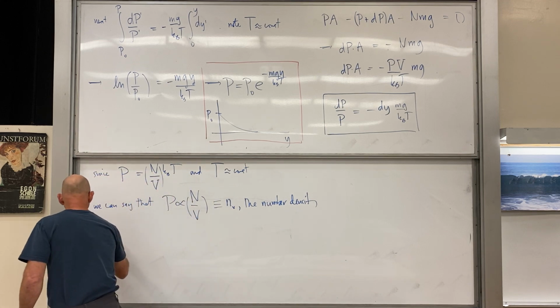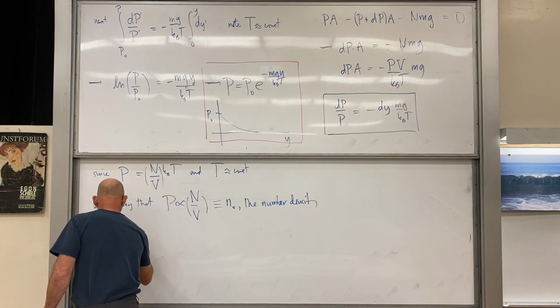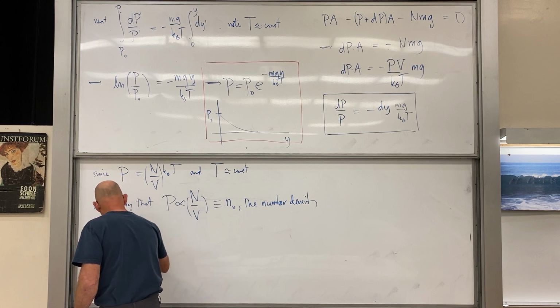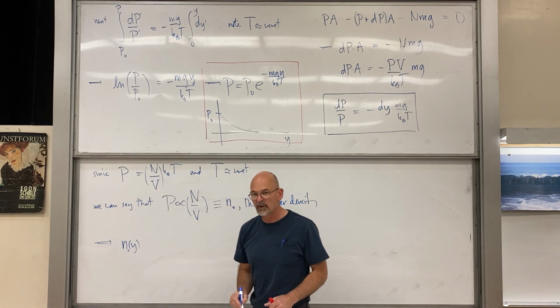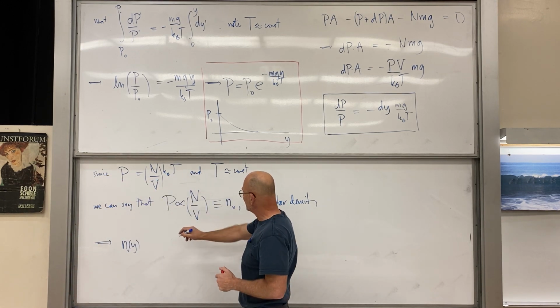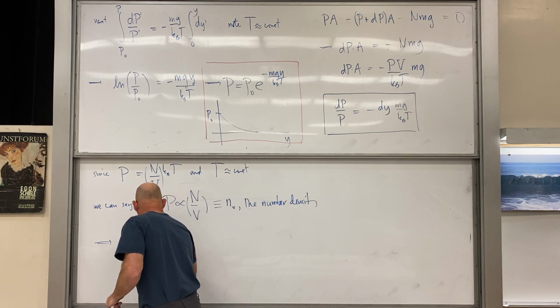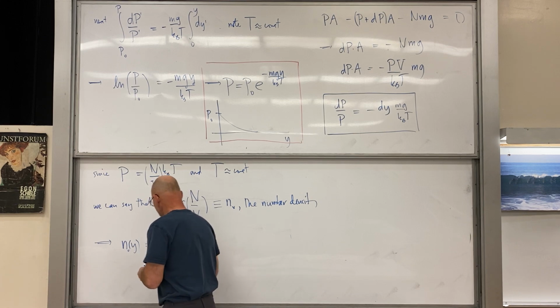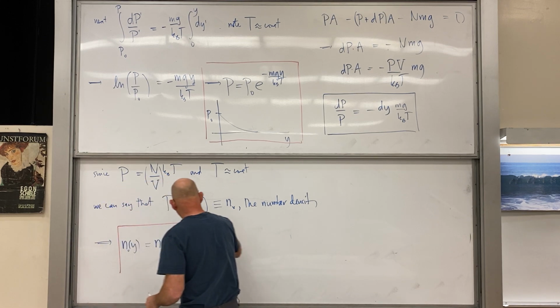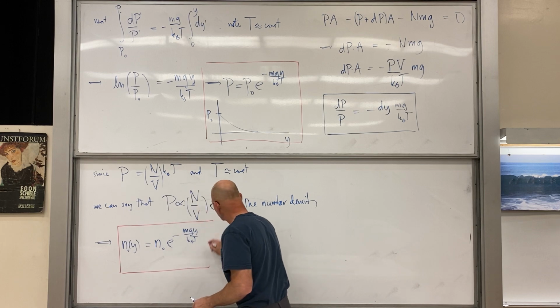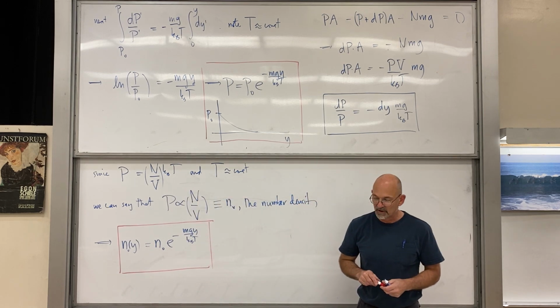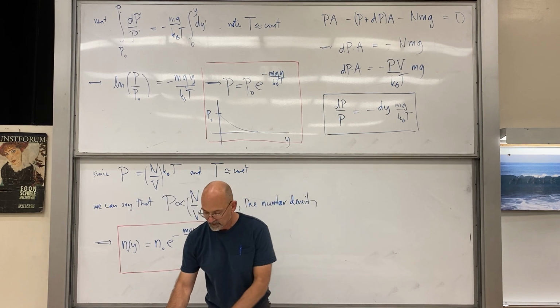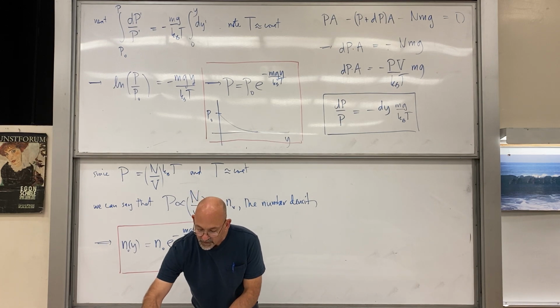Now what we have is N of y, number density, with or without that little V there, refers to volume, not speed. So N of y is equal to N0 e to the minus mgy over k Boltzmann temperature. Of course, with the same graph, this exponential decrease that I had just mentioned.